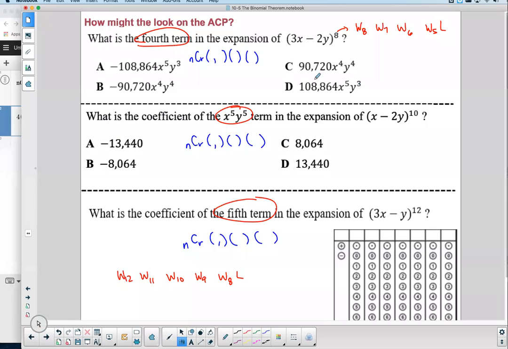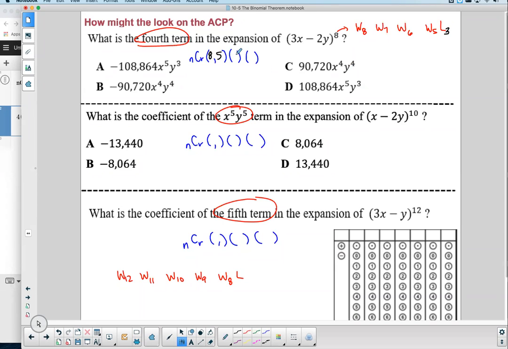On the first one here, what did you put in the front of NCR? 8. 8 is accurate. All right. What did you put in the second spot? 5. Good. You could have also put 3 as 5 wins or 3 losses.